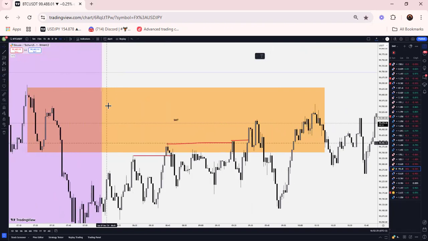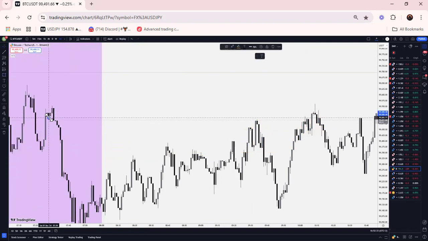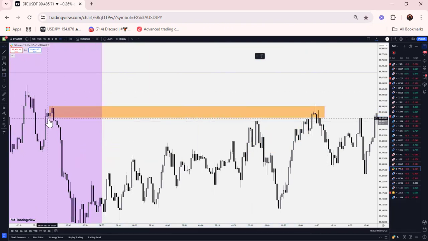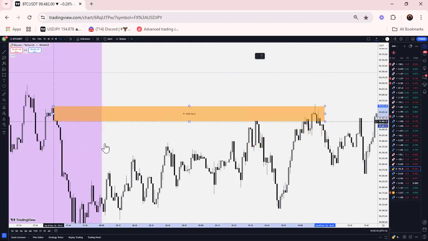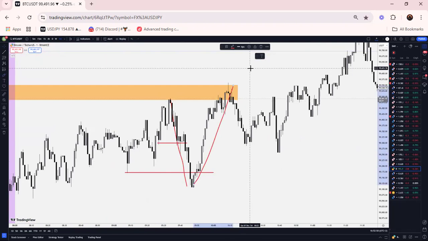They always try to refine the BOI. You can refine the BOI like them here, here, like that, or here. So once price takes liquidity from here or here, I will look for entry and continue going up.